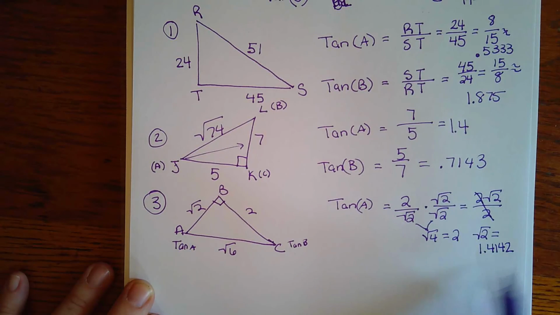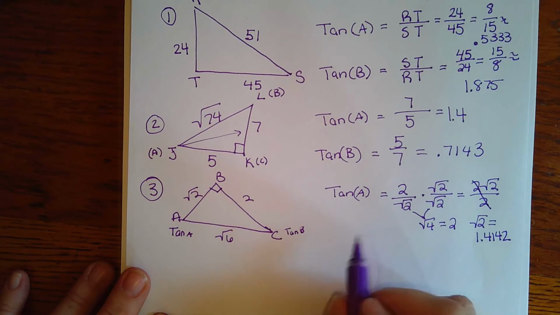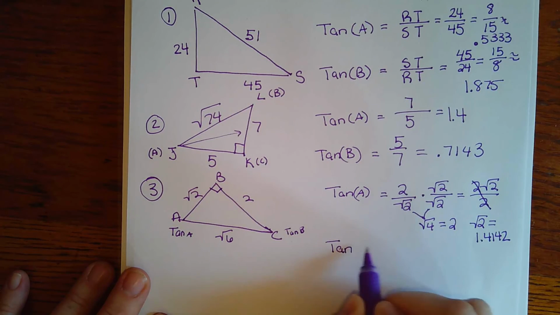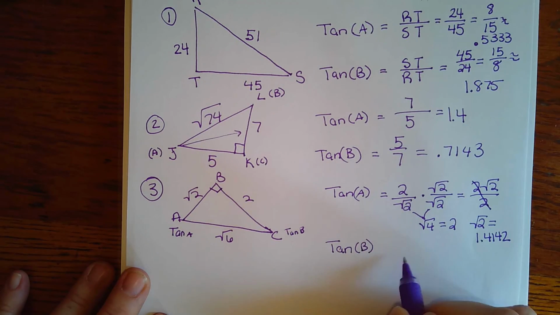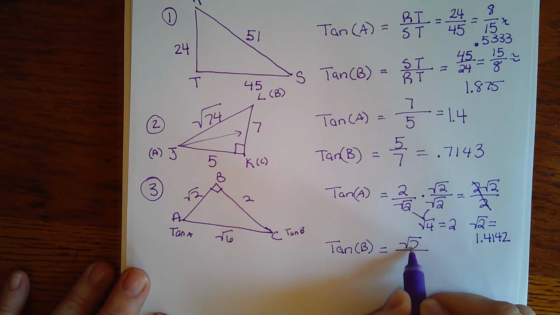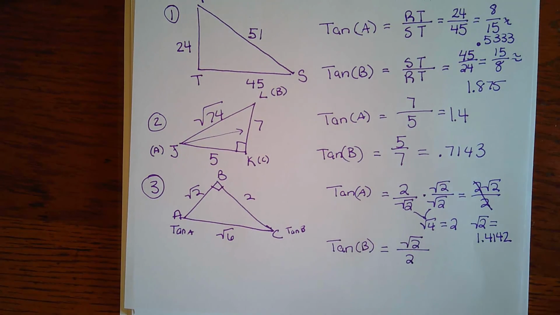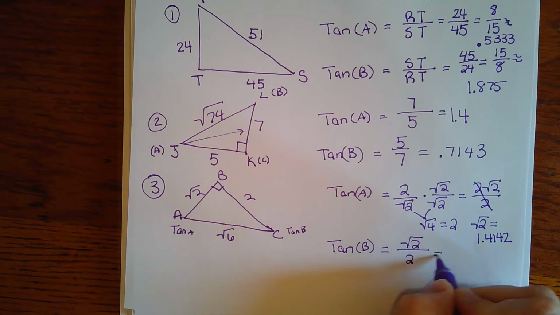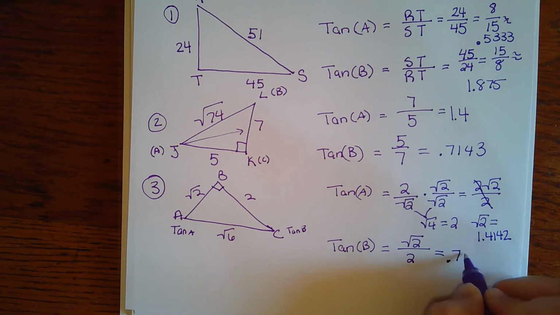So part A had a little bit of rationalizing denominators, a little bit of extra things there. So let's look at tan B. So tan B is the reciprocal. So I'm going to have the square root on top and the 2 on bottom this time. Now, this literally you put into your calculator. So I would put in 1.4142 divided by 2, and you should get, at least this is what I got, 0.7071.